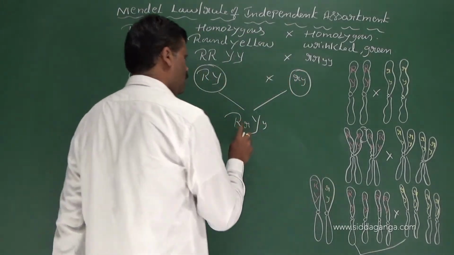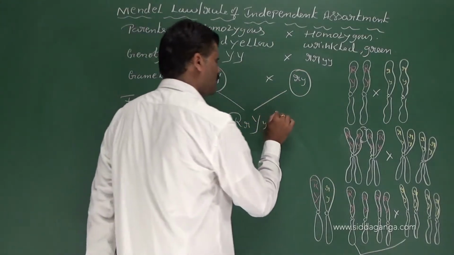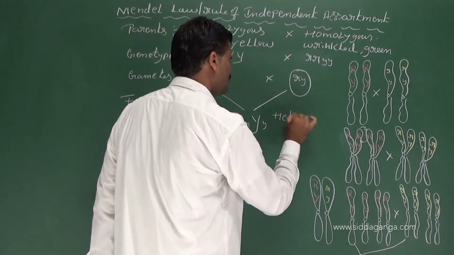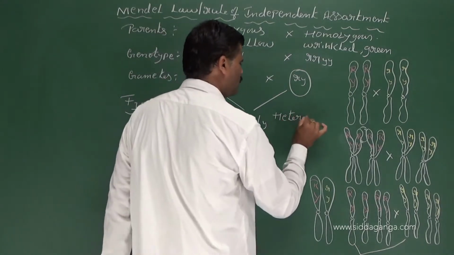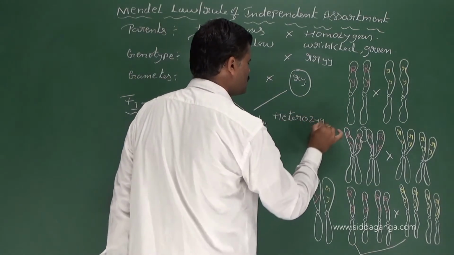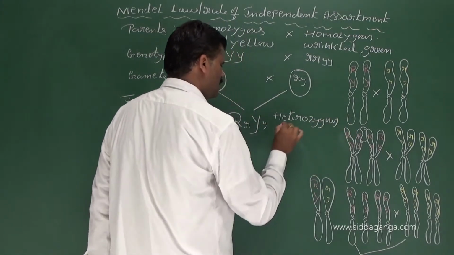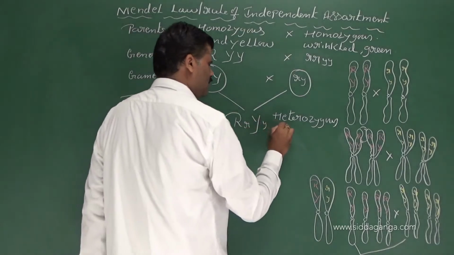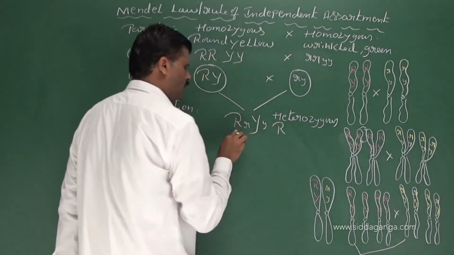Then now it is what? A hybrid. Hybrid is always what? Heterozygous. Heterozygous hybrid. In the hybrid, the character round is expressed.